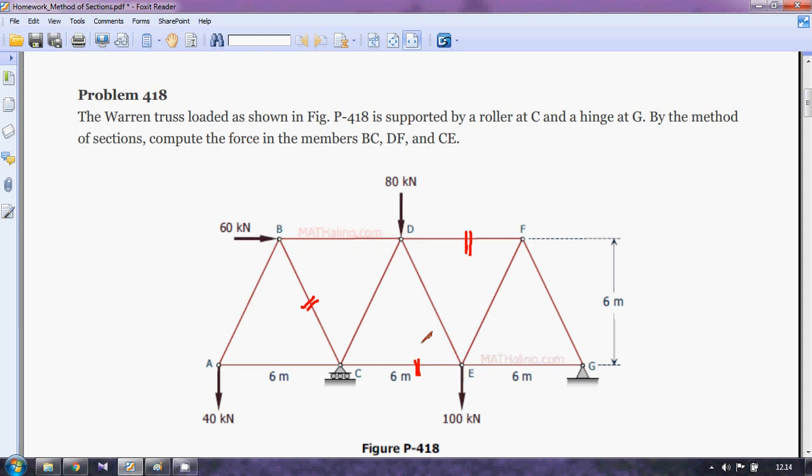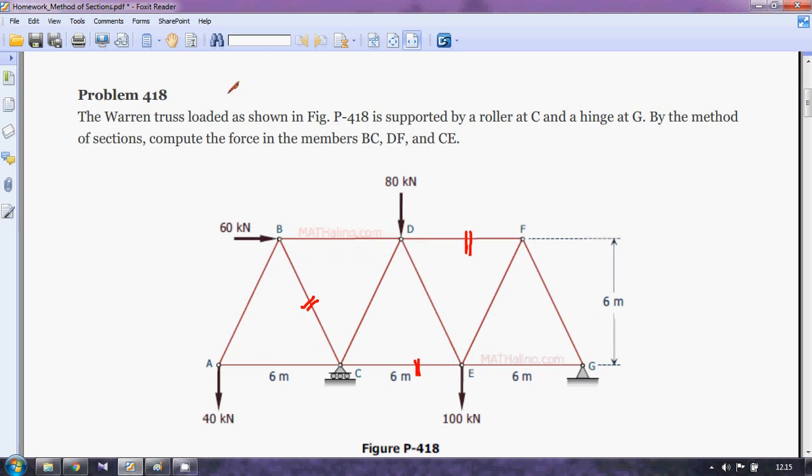In your exam, please concentrate on what method I am asking to use in order to determine the member forces. If I ask in the question to use method of sections, then we have to use method of sections. But if I don't mention any method, then you are free to use method of joints or method of sections, but you have to use some understanding.